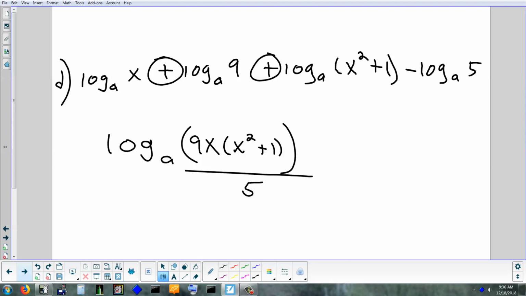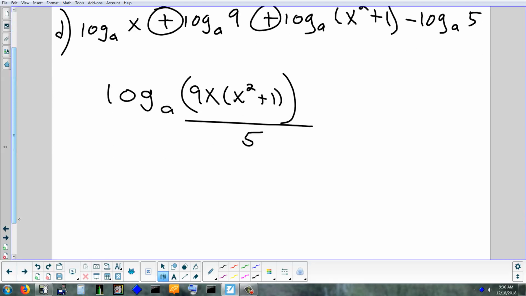The only thing they could do in the numerator, they might or might not do it, is you could distribute the 9x. What would you get if you did that? What's 9x times x squared? 9x cubed.